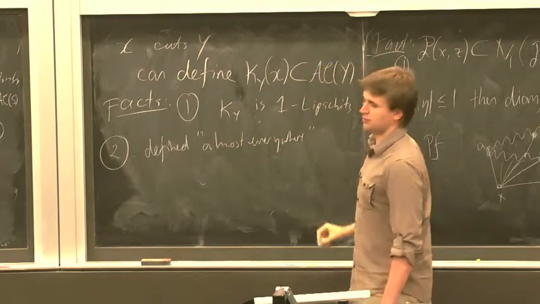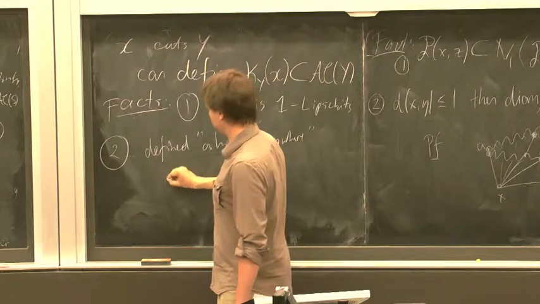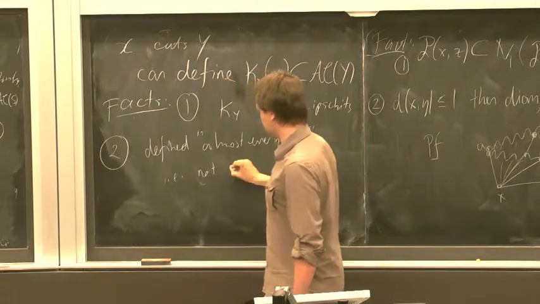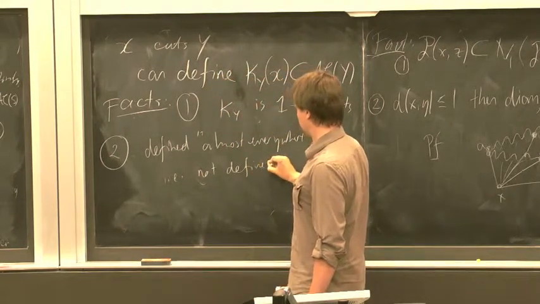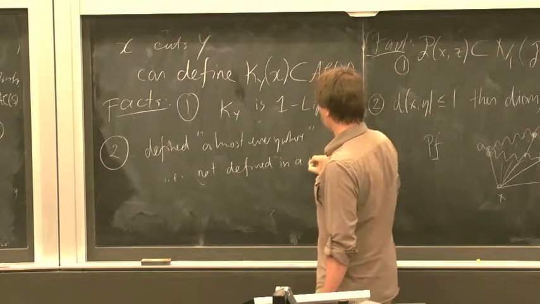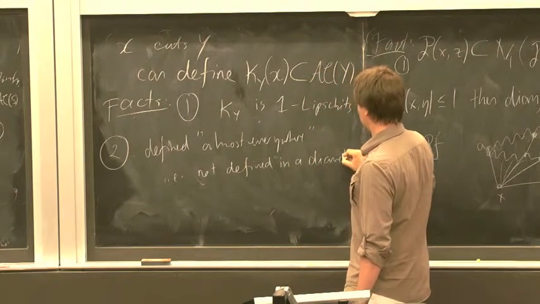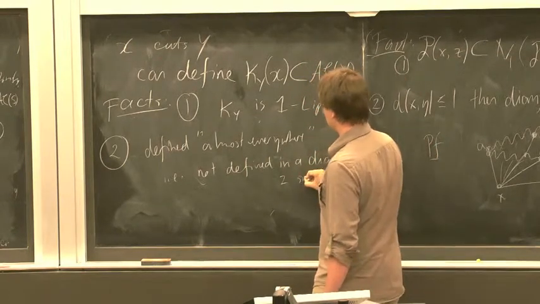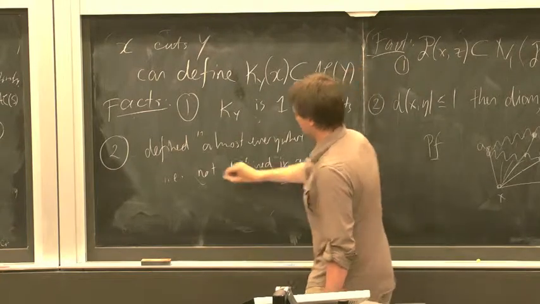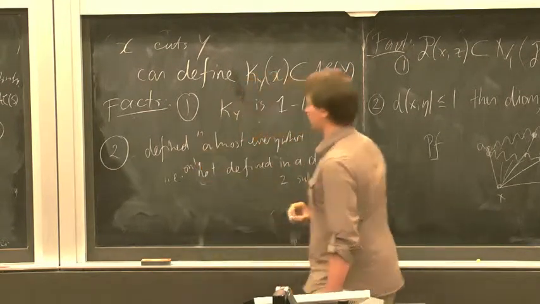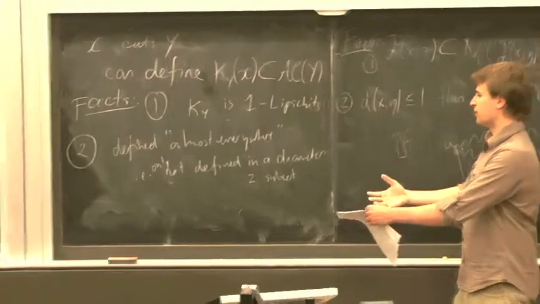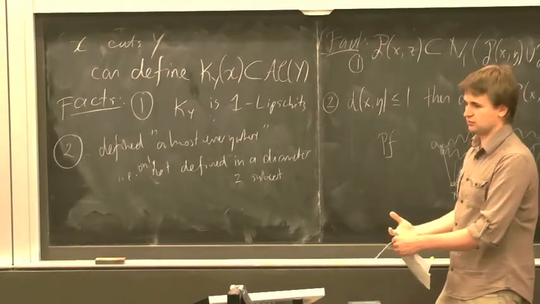What does that mean? In other words, it's only not defined on a diameter 2 subset.